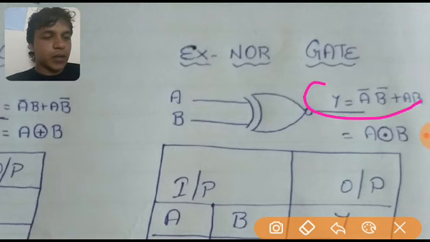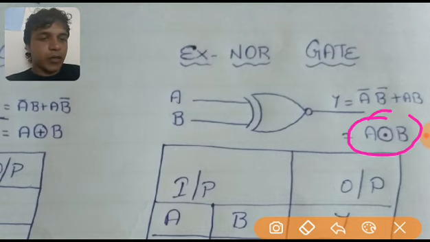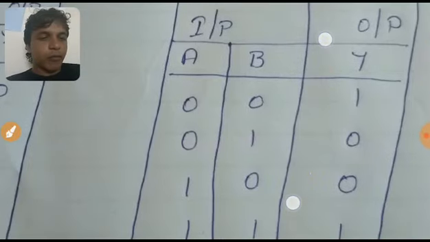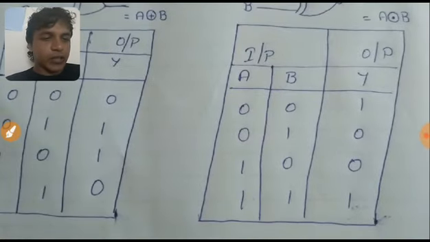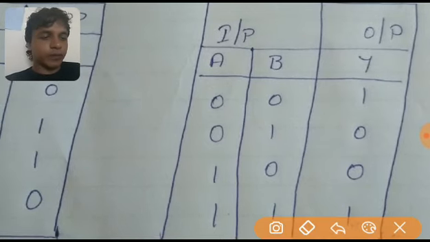The symbol A XNOR B can be written as A, a dot surrounded by a circle, B, so we call it A XNOR B, and it performs the opposite operation of the XOR gate. When both the inputs are the same, we have the output, and if the inputs are different, we do not have any output.